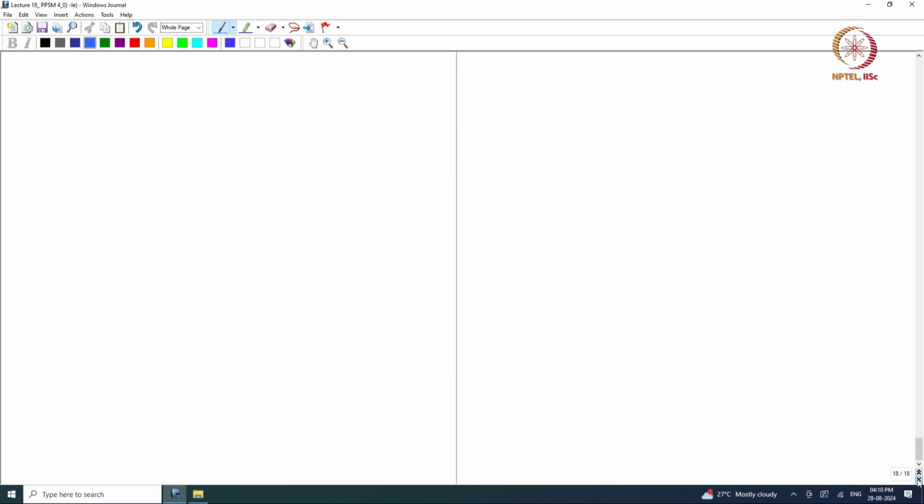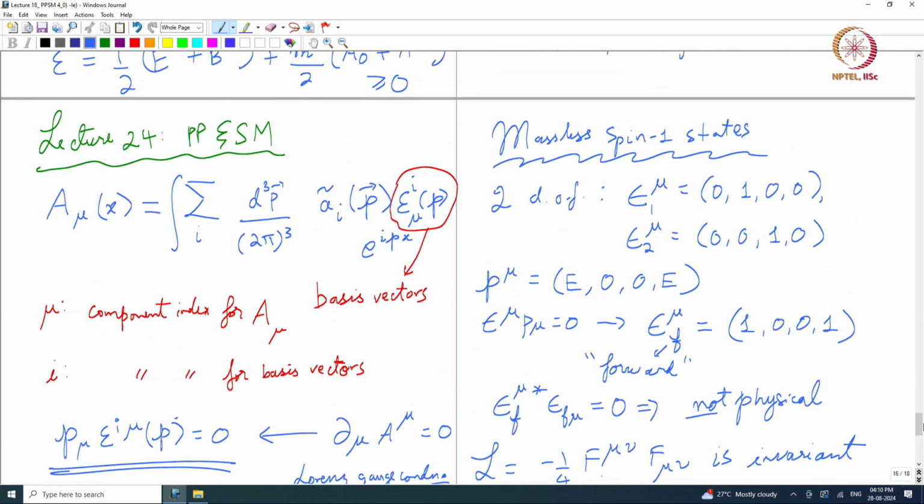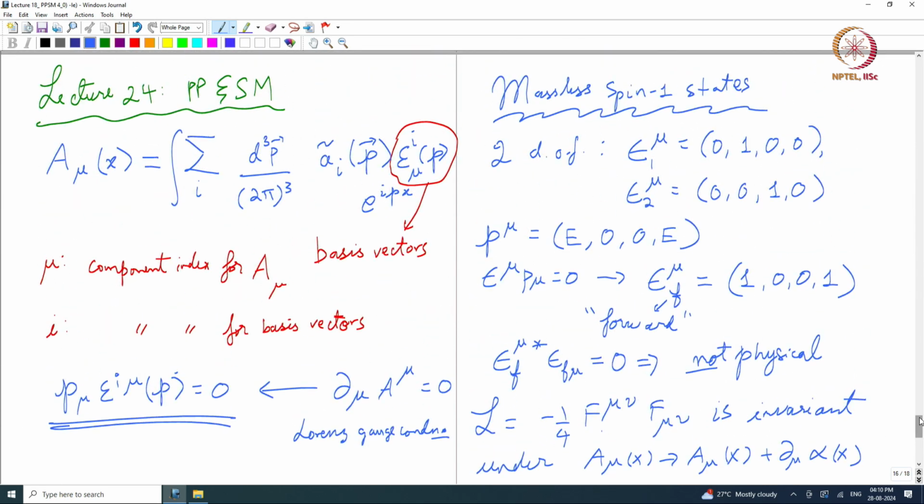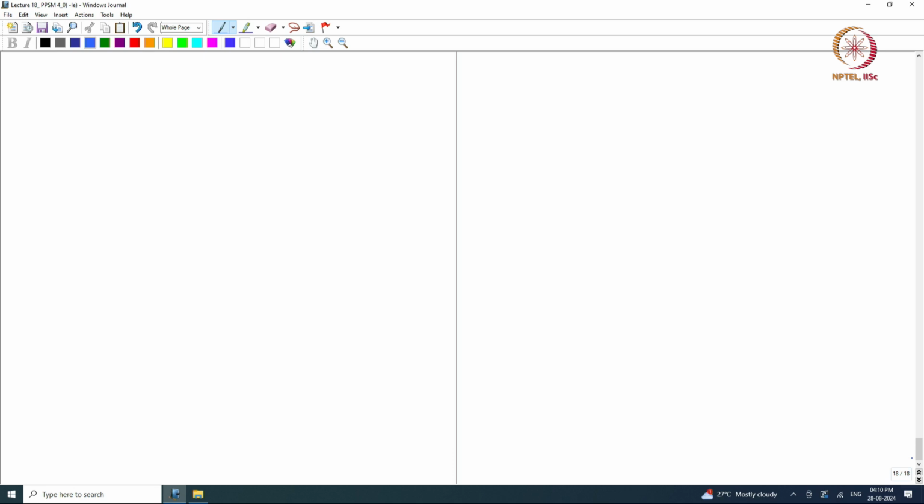Okay. So, what happens now is that since the forward polarization is proportional to p mu, they are exactly the same except for a normalization. So, what I have is that I can always pick a mu as a derivative.